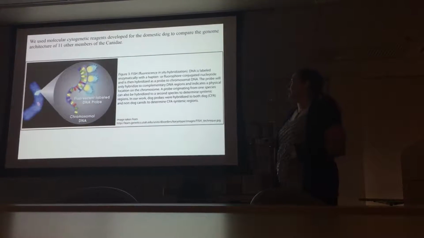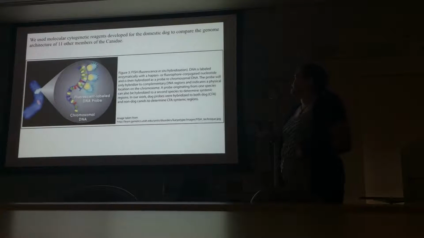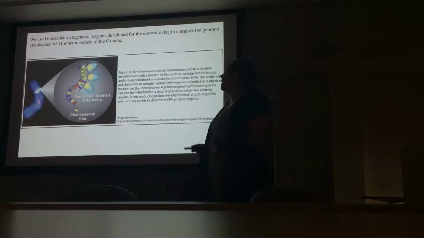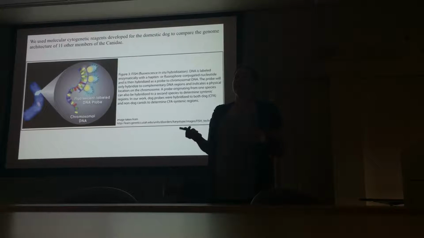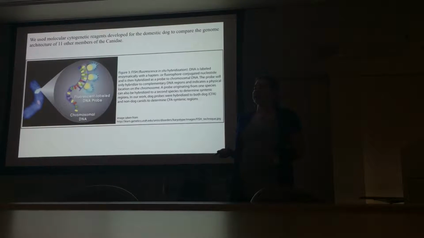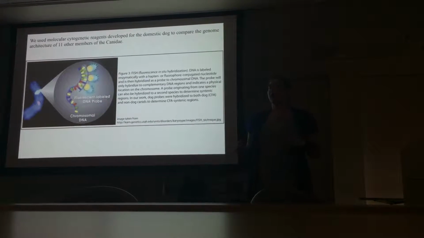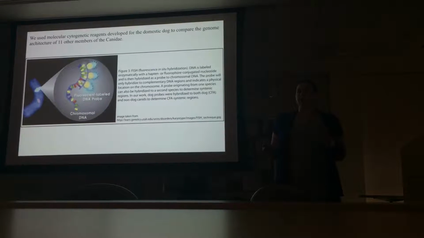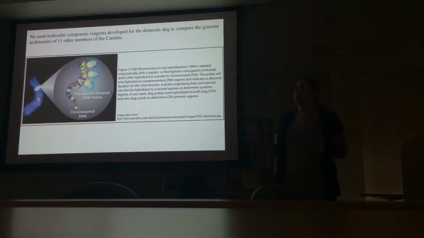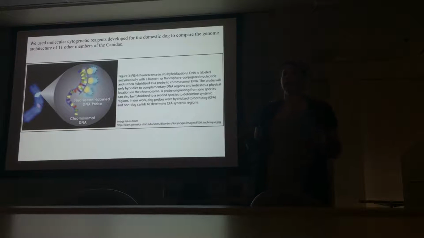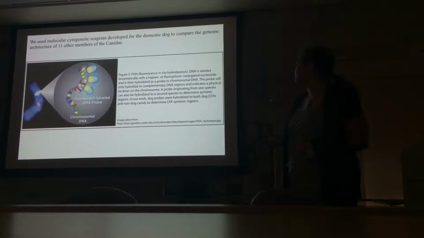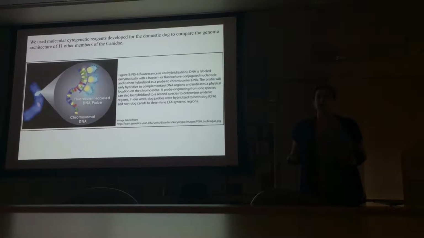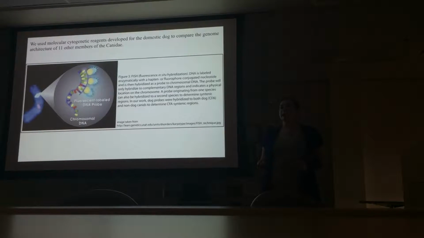And then it is applied to metaphase chromosomes. In effect, what you're doing is anchoring sequence to physical places on the chromosome. So you could choose gene sequences and label them and apply them to chromosomes to identify the region of the chromosome where that lies. The other technique that I'll be talking briefly about today is array painting.